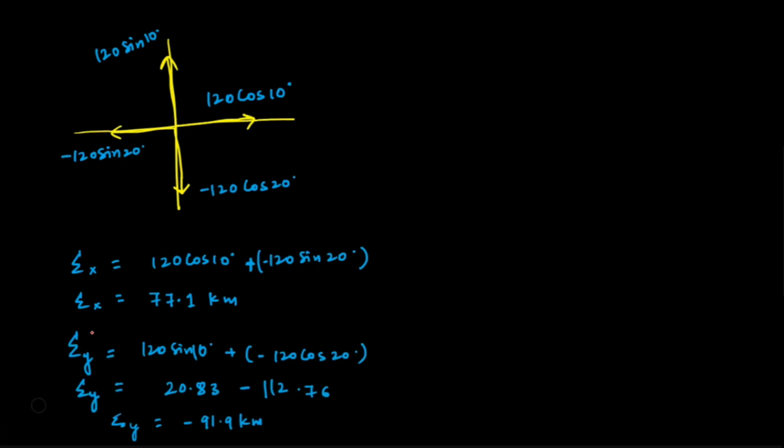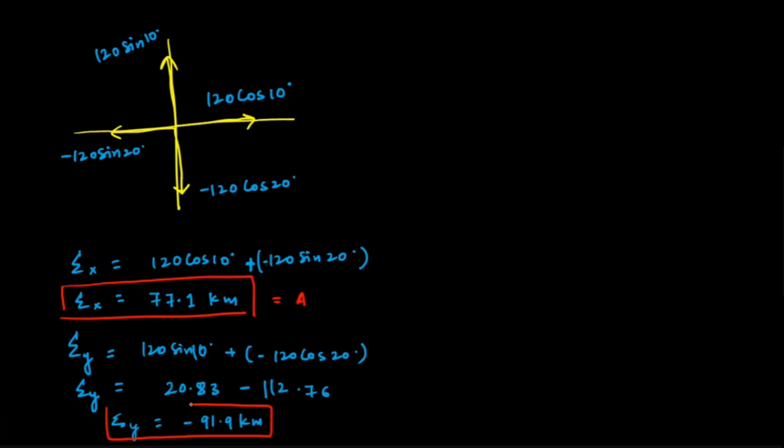So here we finally got the two values. Delta x, we'll consider as A. Delta y, we'll consider as B. Now, what is the process of finding the resultant? It will be the same as the earlier one. So R is going to be the square root of A squared plus B squared.